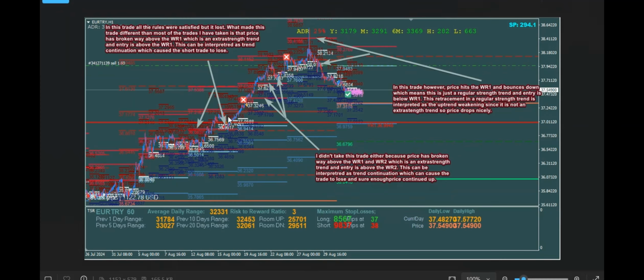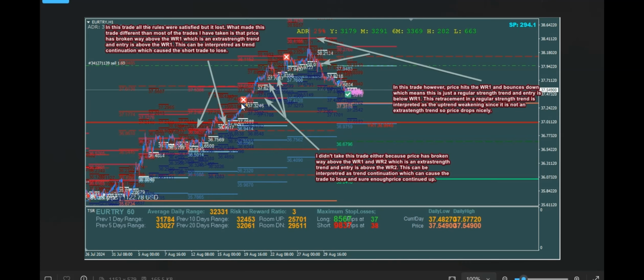We don't want to take short trades when price is in this extra strength trend mode, meaning extra strength uptrend mode, because that can be interpreted as a strong uptrend and price can continue up, thereby derailing our short trade and causing us to lose the short trade, right? So that's what caused the trade to lose.